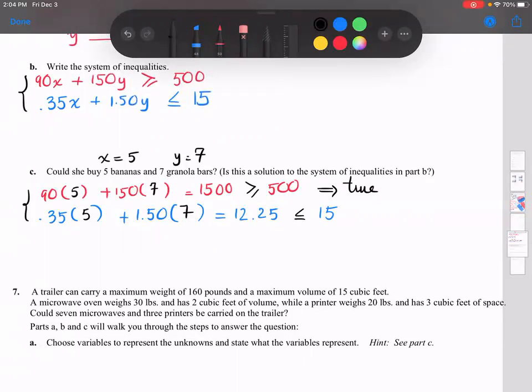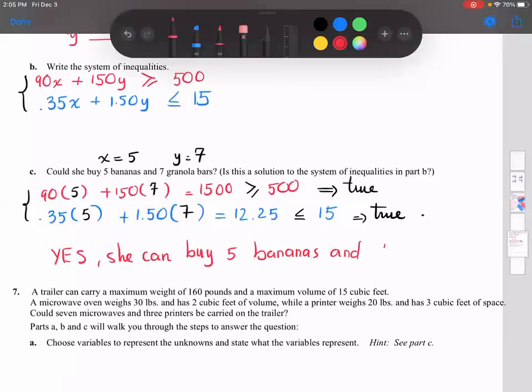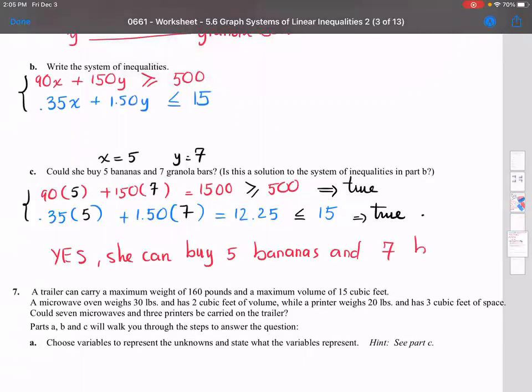So true. So the conclusion is yes, she can buy that many, because they're both true. If they were false, then she could not. But they're true, so she can.